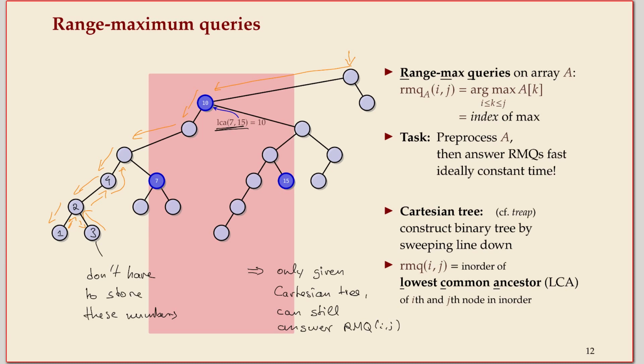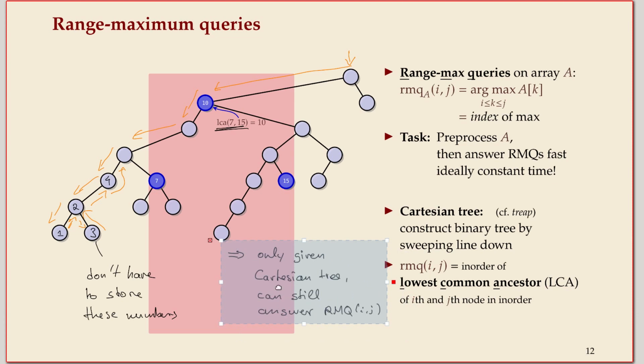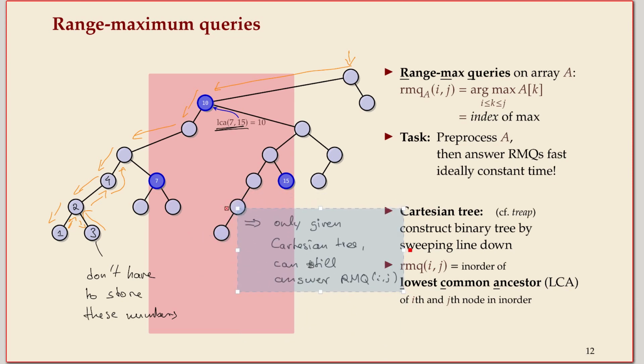Maybe it's worthwhile writing this down. We could do this by, first, finding the nodes with in-order ID i and j.